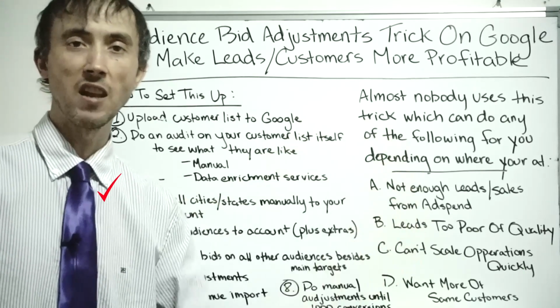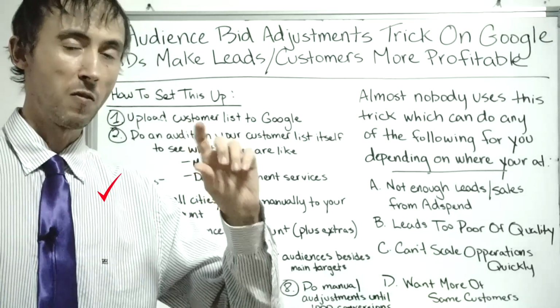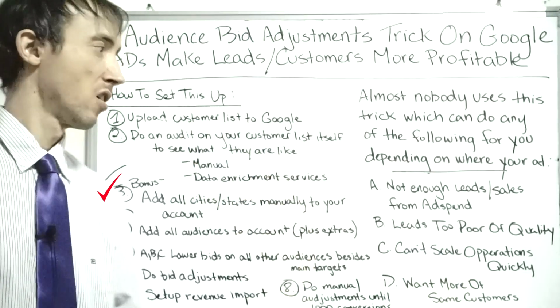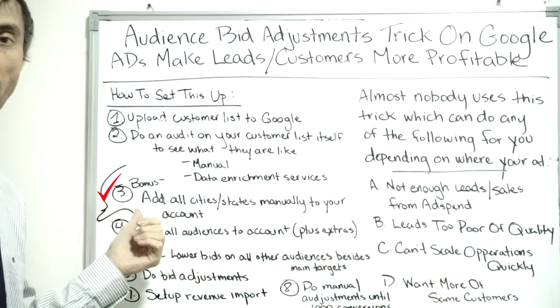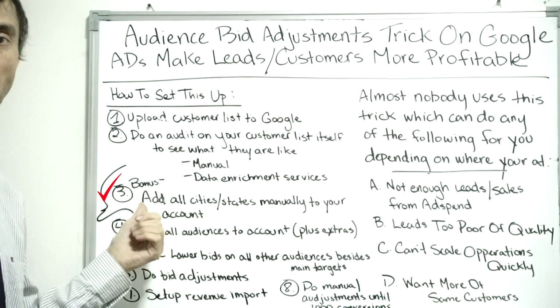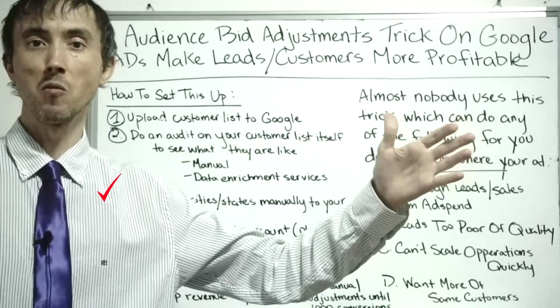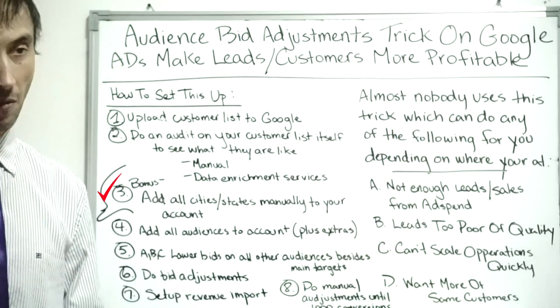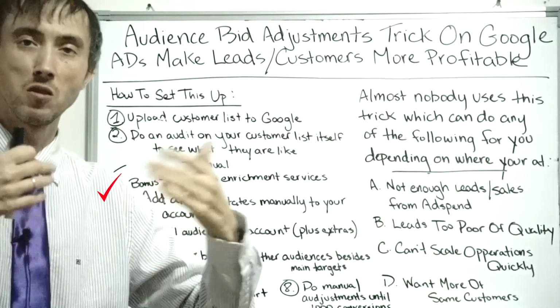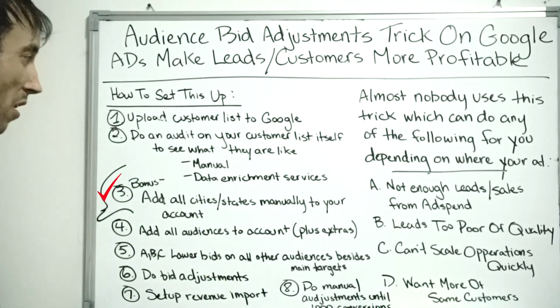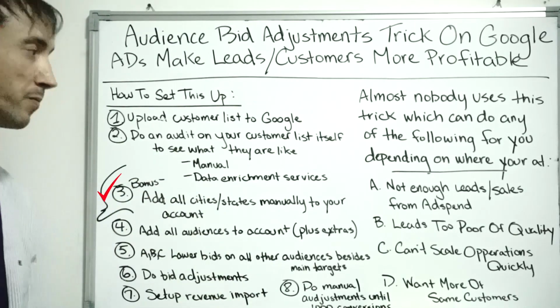With all the effort that it takes to run your business and make efficiency gains in your operations, this is something that works every time, and all you have to do is sit on your butt and do it one time, and then once it's done, it'll be maintained for you, other than having the time to do the bid adjustments later on, all automatically for you from now on.